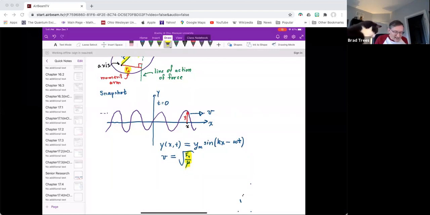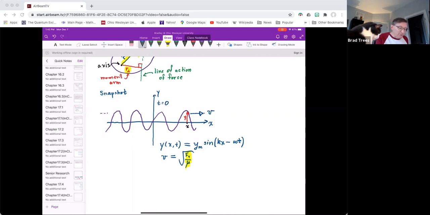Now, having said that, I want to emphasize, it's those two things, tension and mass per unit length, that physically determine v. It's those things that determine how fast the wave travels. There is another relationship involving v.